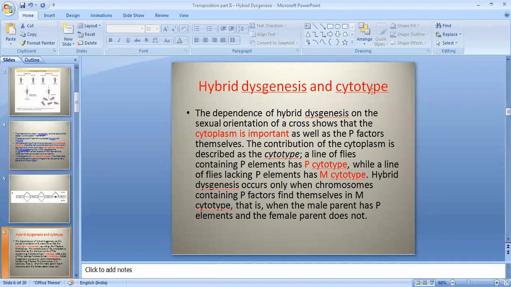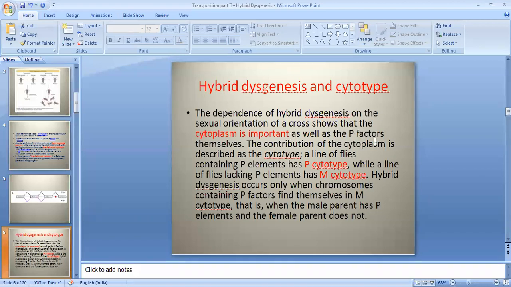We talked about the P cytotype and M cytotype. Now, how this cytotype is related is with hybrid dysgenesis. The dependence of hybrid dysgenesis on the sexual orientation of a cross shows that the cytoplasm is important as well as the P factor.